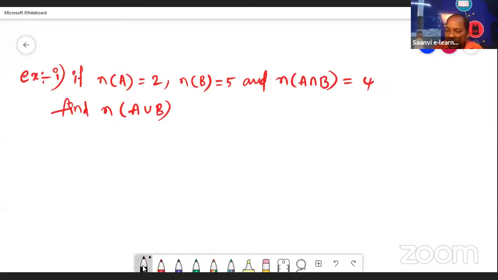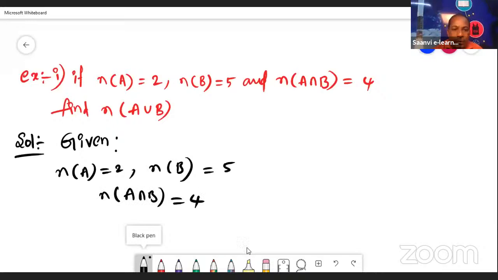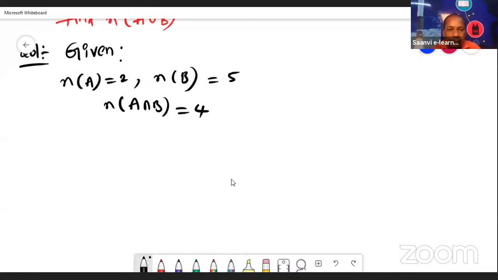So how to find n of A union B? Already we have the formula. Given n of A is equal to 2, n of B is equal to 5, and n of A intersection B is equal to 4. So this is the given data in the problem.